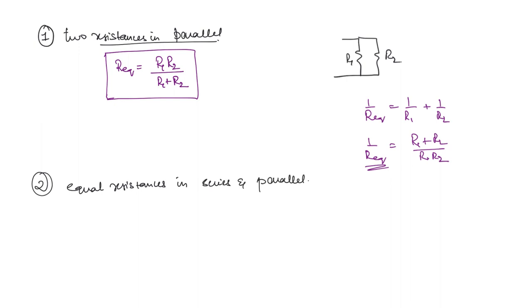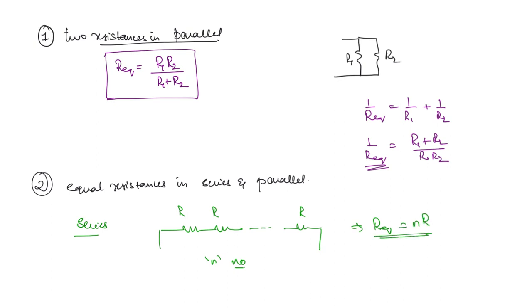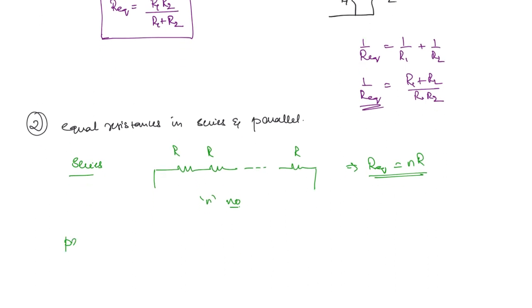First, if you consider the series connection, let us say there are n number of equal resistors. Then R equivalent will be simply n times R, because you are adding R n number of times. And what about parallel connection?